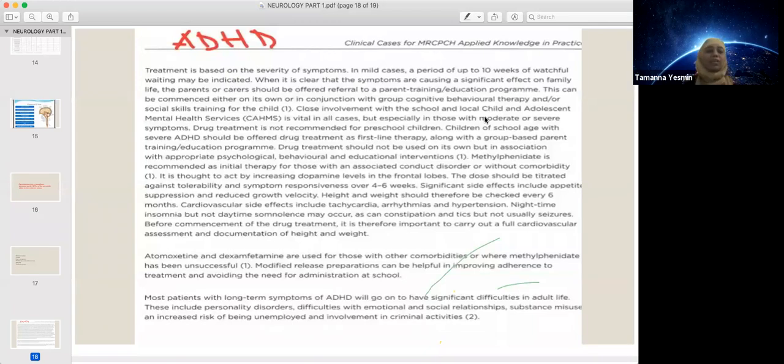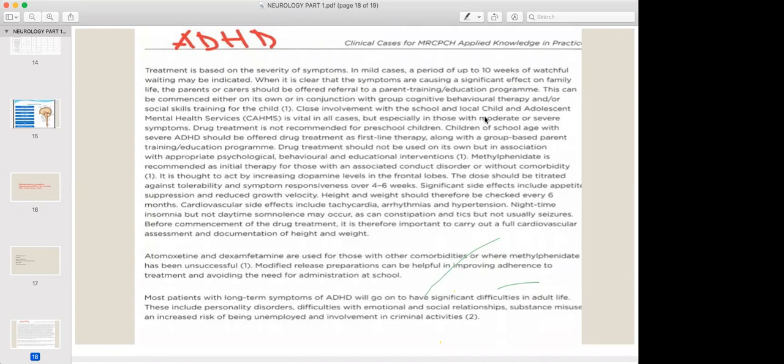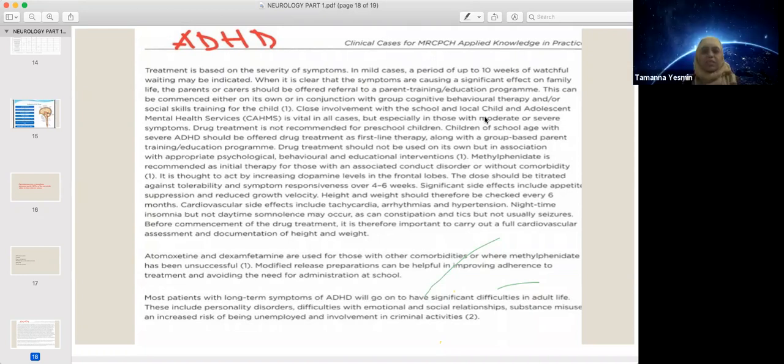Then if the child is still doing hyperactivity, inattention, impulsivity, these are the three criteria, right? If it is persistent and the child is going to school, then we give cognitive behavioral therapy to the child, first of all.